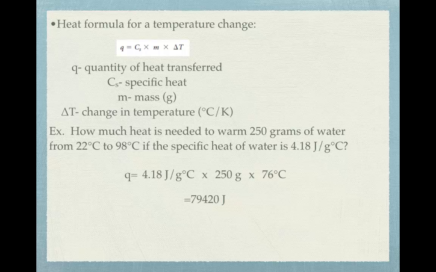Now when you multiply this, you get 79,420 joules. Notice the grams cancel and degrees Celsius cancel. However, since 76 only has 2 sig figs and so does 250, I would round this to 79,000 joules. If I didn't want it in joules and instead wanted it in kilojoules, all I would have to do is divide by 1,000, and that gives me 79 kilojoules.